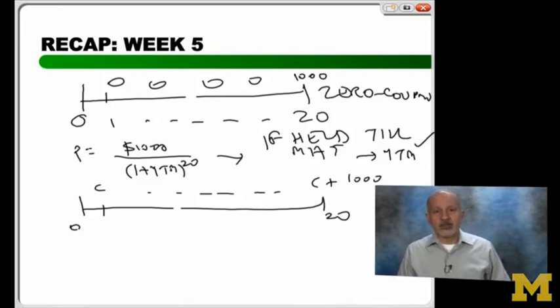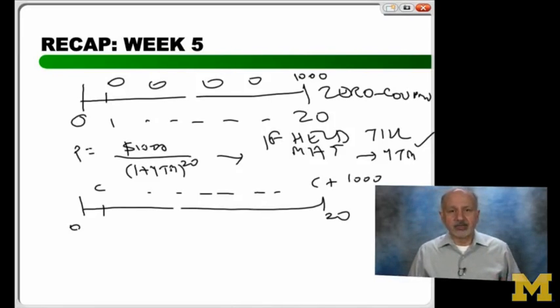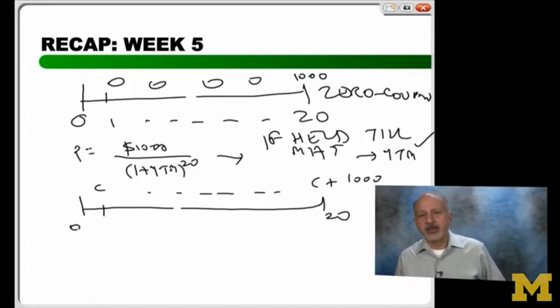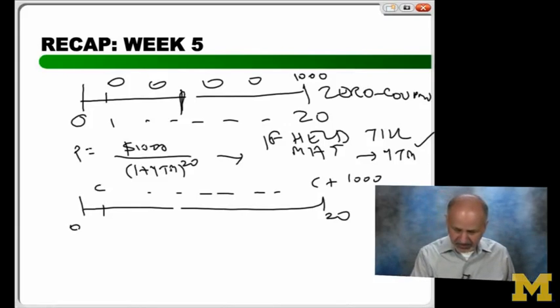Quick question. Though there is no risk, quote unquote, in holding the bond for the entire 20 periods, in the first one you will get $1,000. There is inflation risk, which we have ignored for a little while. Is there a risk in that bond if you sell it before? Answer is yes.